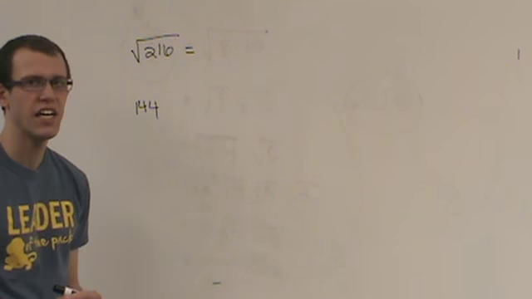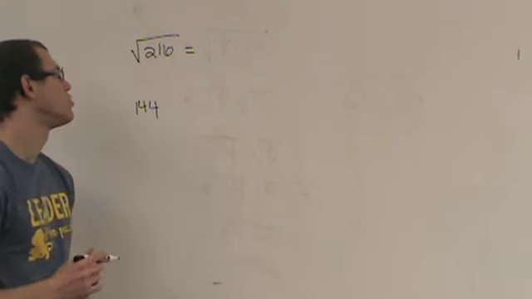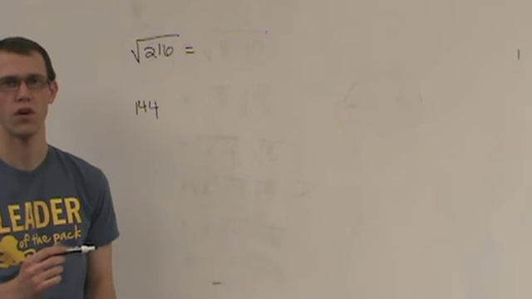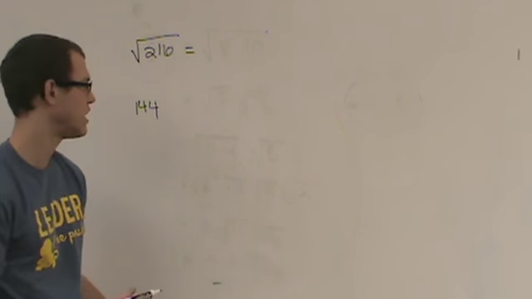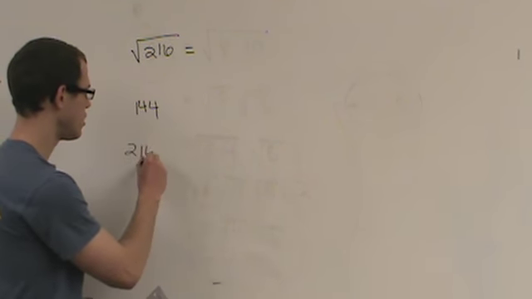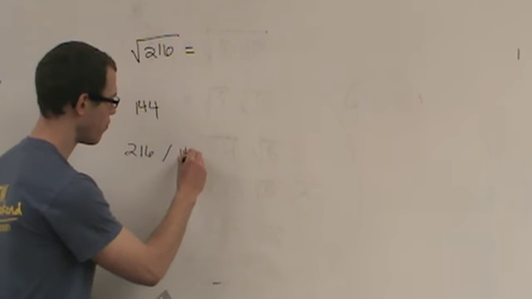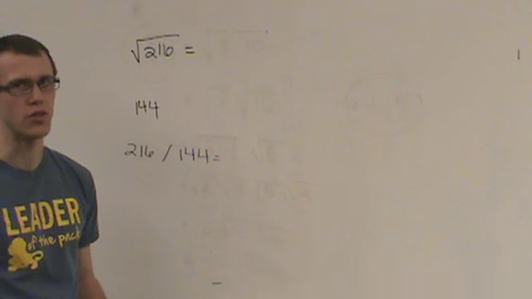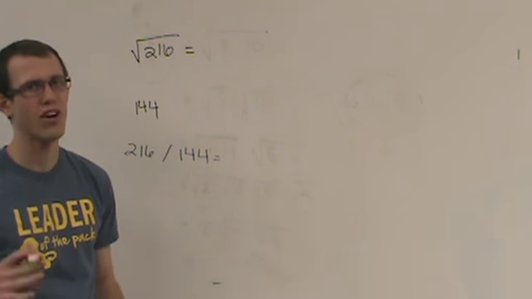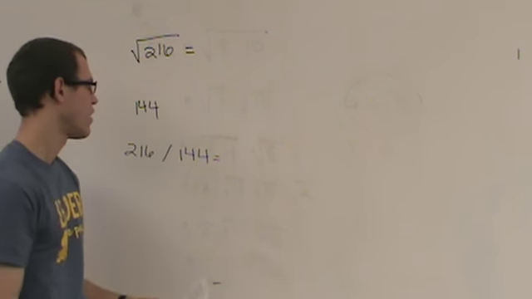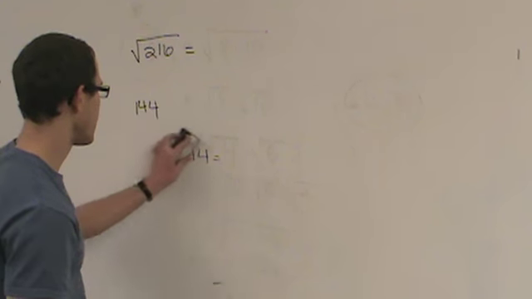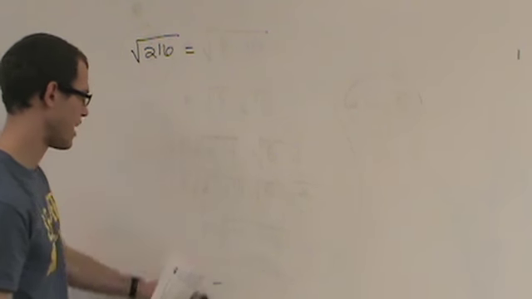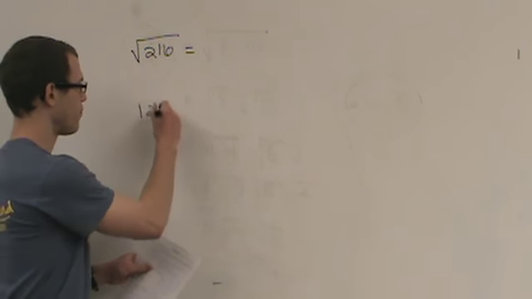I look to see if I can divide 216 by 144. That means I pull up my calculator and I type 216 divided by 144. What I'm probably going to get out is a number that has a decimal. I don't want any numbers with decimals. I want a whole number. So, if that's the case, let's try the next perfect square in line, which would be 121.